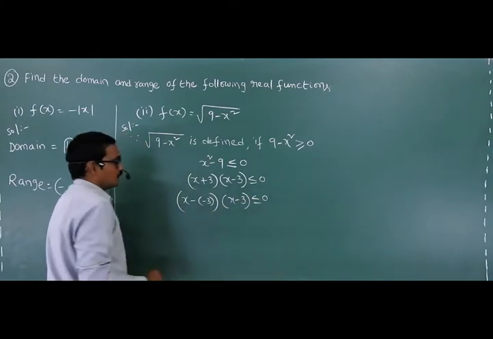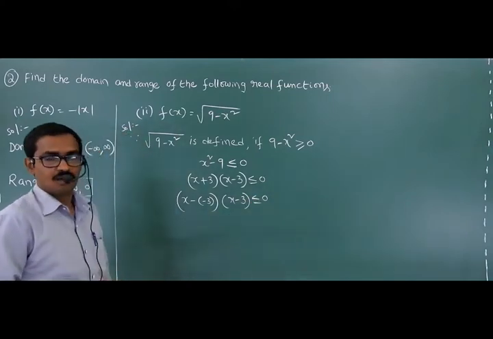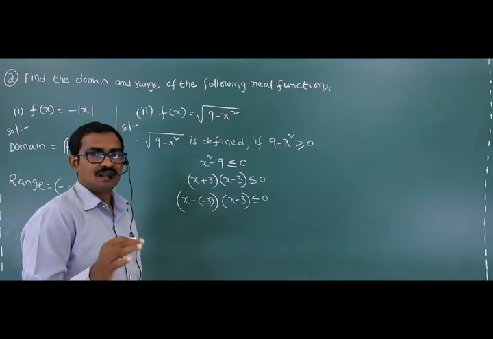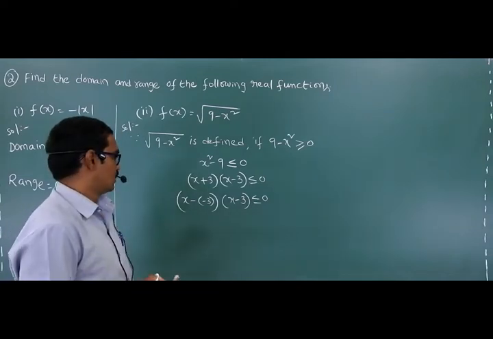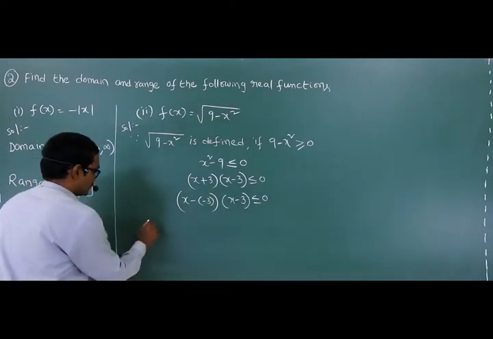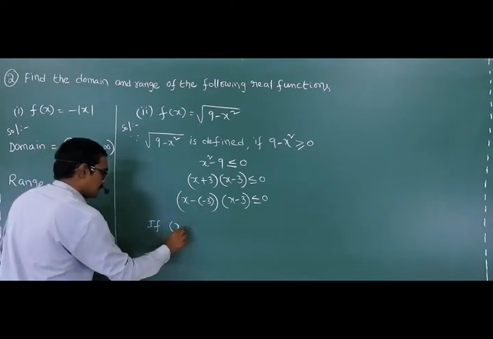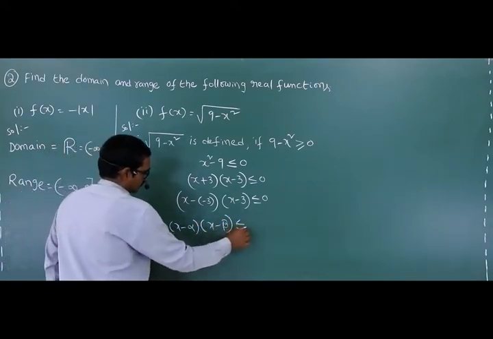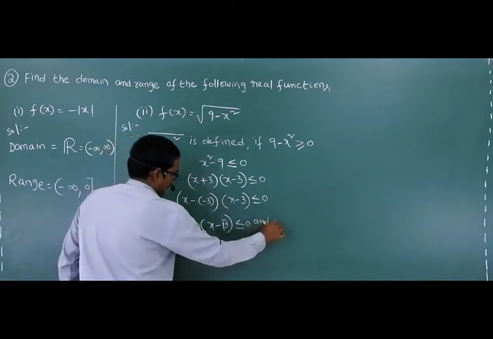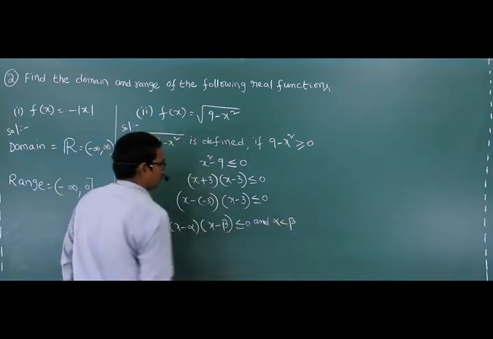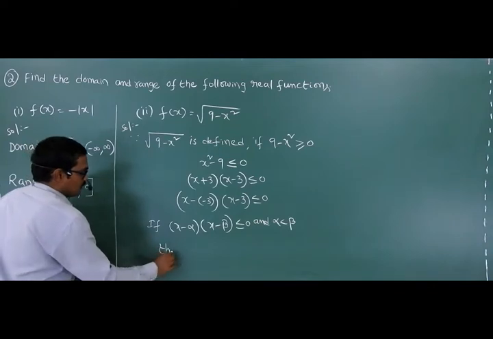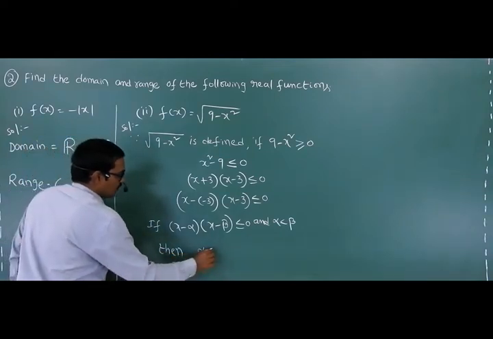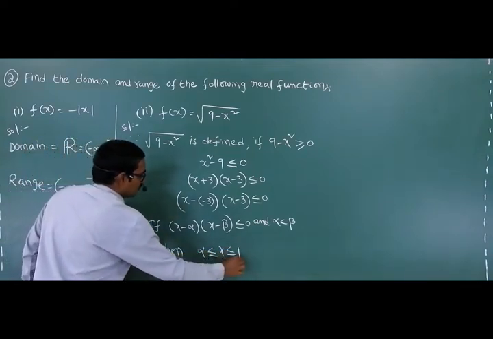Here one formula is there, which we will explain in linear inequalities also. If x minus alpha into x minus beta is less than or equal to 0 and alpha is less than beta, then alpha is less than or equal to x less than or equal to beta.